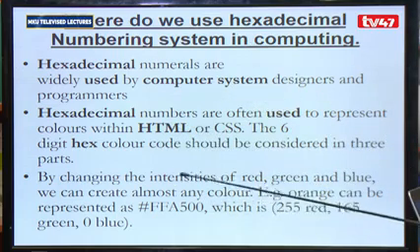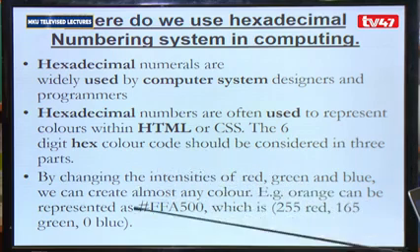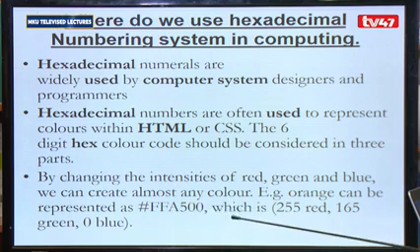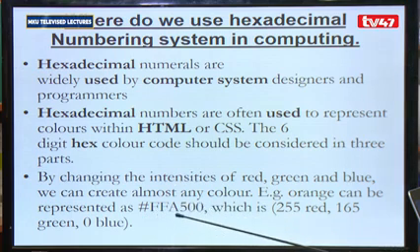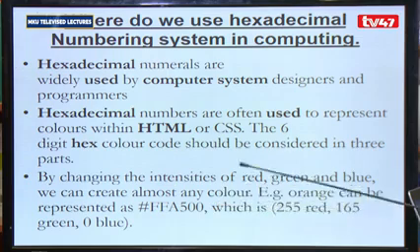For example, when you want to change a particular color, you just vary red, green, and blue, the RGB color code, and out of that you can form different colors. Orange can be represented using the hexadecimal value FFA500, which is a representation of red, green, and blue.